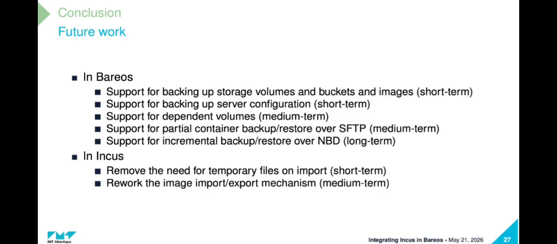What I mean by full is that you can only back up the whole disk or the whole file system of your container. So another goal for me is to be able to only back up a part of a container, like only a subdirectory, and being able to restore only that. And Incus provides an SFTP API to be able to do that.